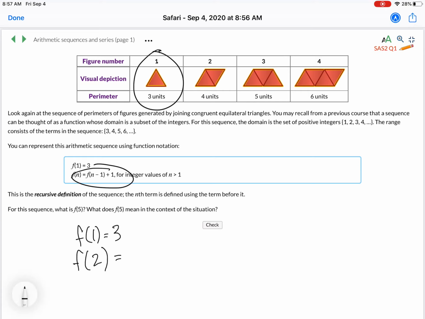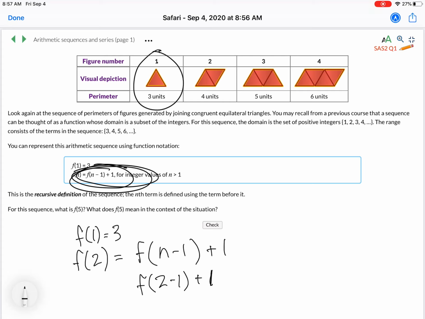All right, so next I'm going to have to find f of 2. I'm getting this formula from right here. Whatever number is in the parentheses is what you plug in for the letter n. All you do is simplify. You say 2 minus 1 is 1.